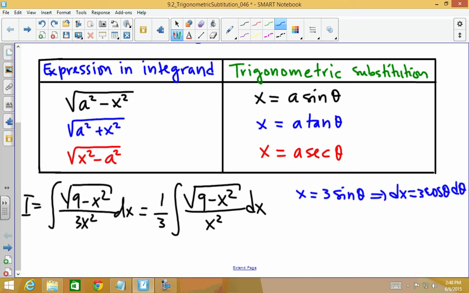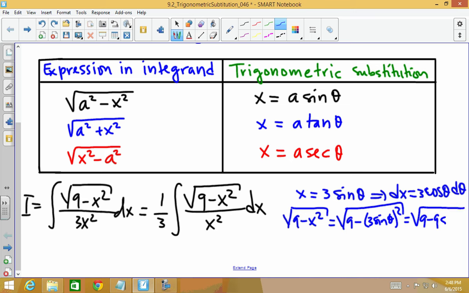In doing this, we get square root of 9 minus x squared is square root of 9 minus (3 sine theta) all squared. That means square root of 9 minus 9 sine squared theta. If you factor out 9 in the square root, we get 9 times 1 minus sine squared theta.